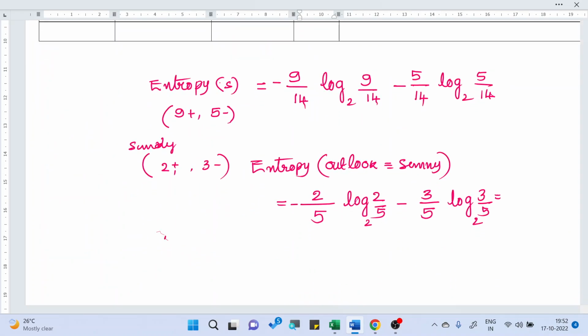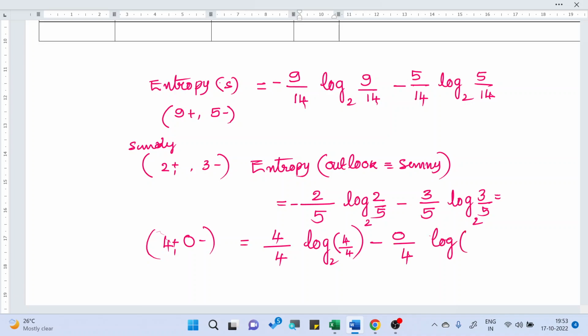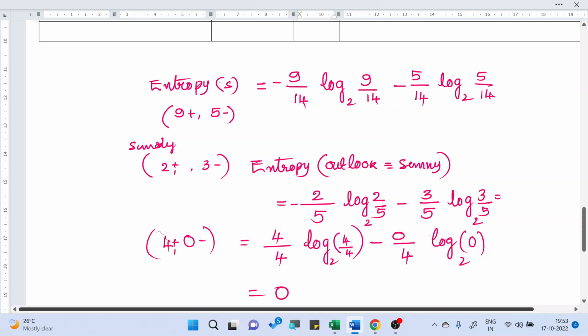The positive fraction is 4 by 4, that is 1, logarithm of 4 by 4, and by the way, logarithm base 2 of 1 is 0, minus negative examples 0 by 4 into logarithm of 0, which is not defined, but 0 into something is 0, so the entropy is 0, because we can take a decision directly.